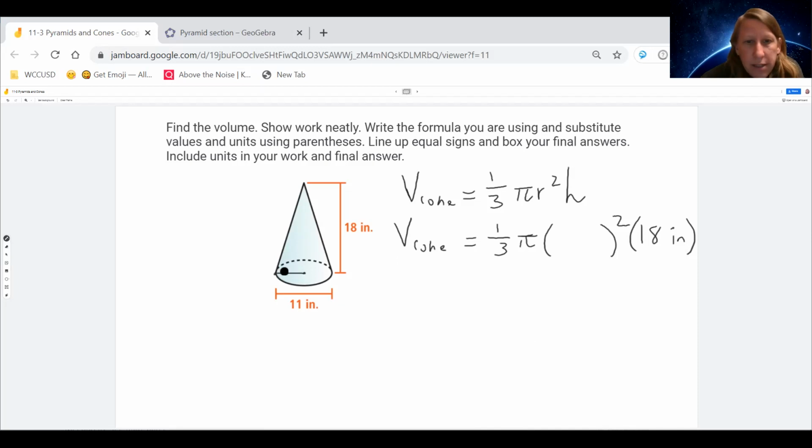I need the radius, not all the way across. So they gave us the diameter. We want the radius, so we have to do a little bit of work on this one. This is really the only way that I could trick you, is to give you the diameter instead of the radius. And the radius is just half. So I'm just going to do 11 divided by 2, and that's going to be 5.5.